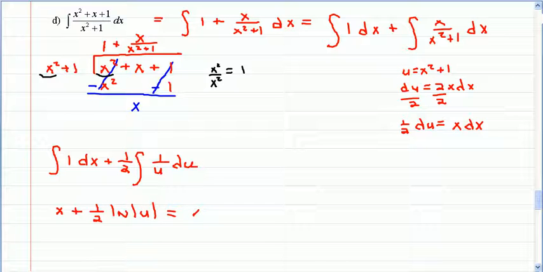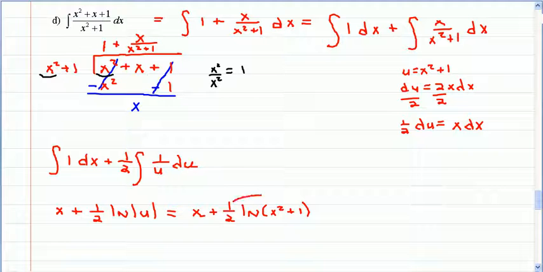And if I substitute u back into the problem, it's x plus 1/2 times the natural log of x squared plus 1. So I don't have to put an absolute value around that because the x squared plus 1 is always positive.